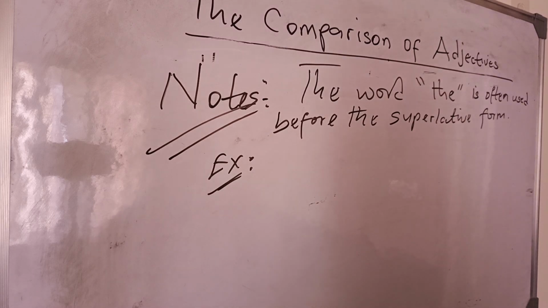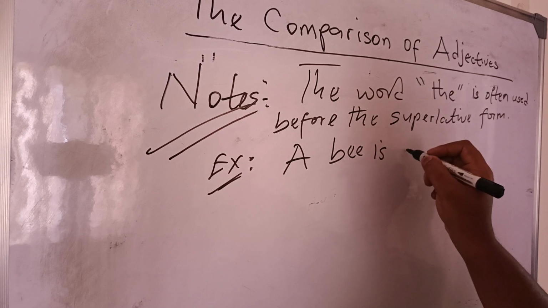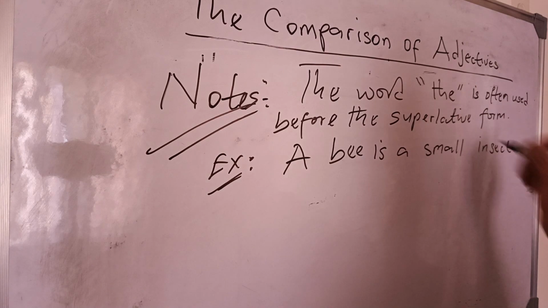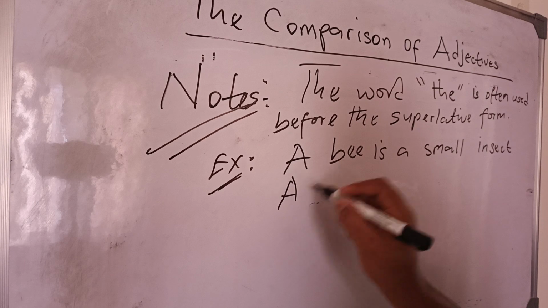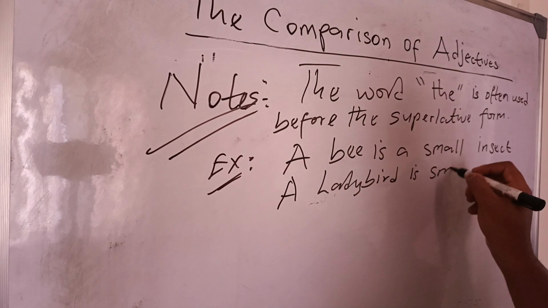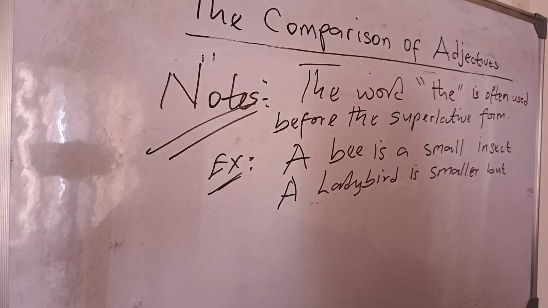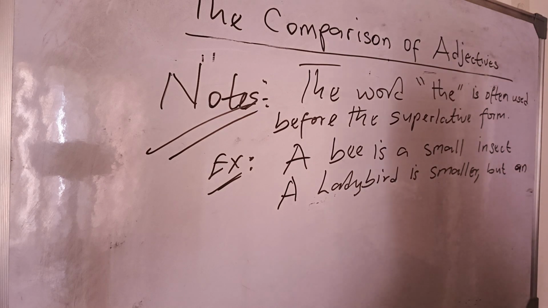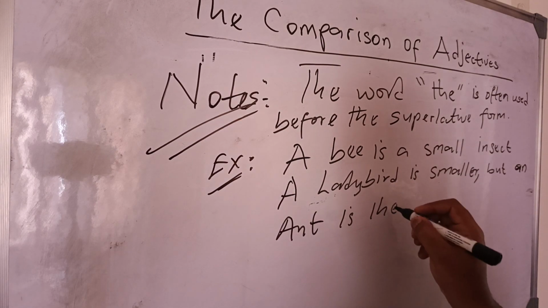For example, if I say a bee is a small insect, then I later say a ladybird is smaller, but an ant is the smallest.